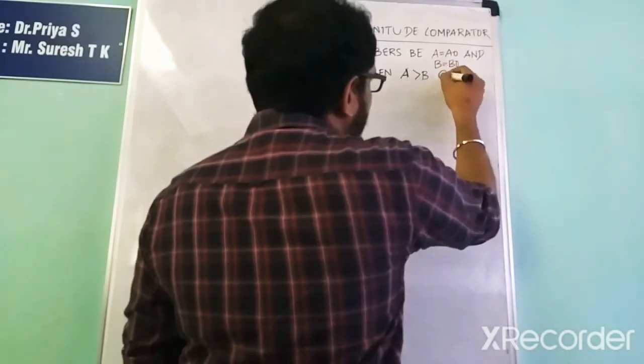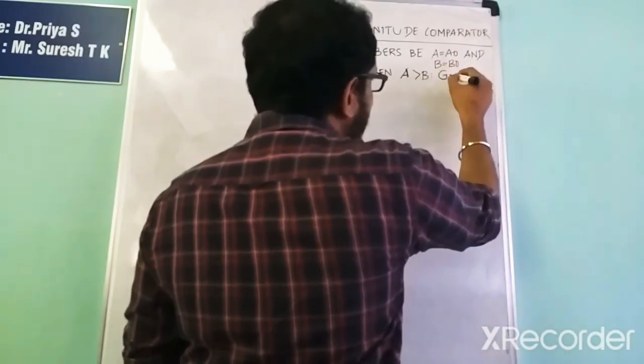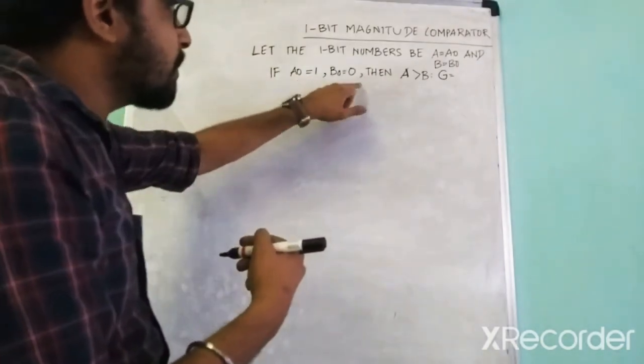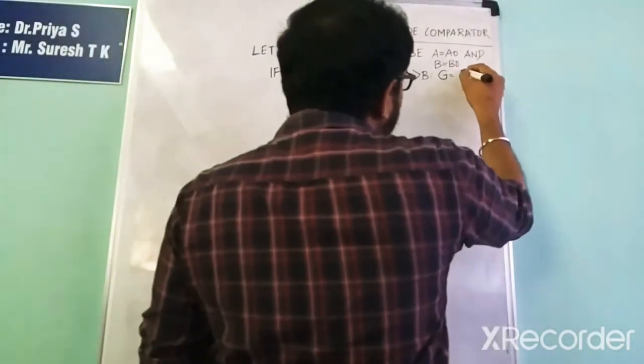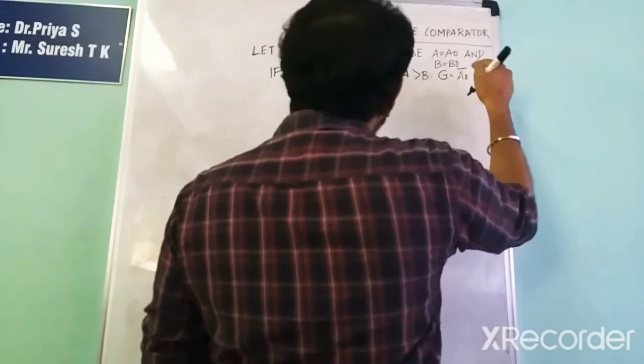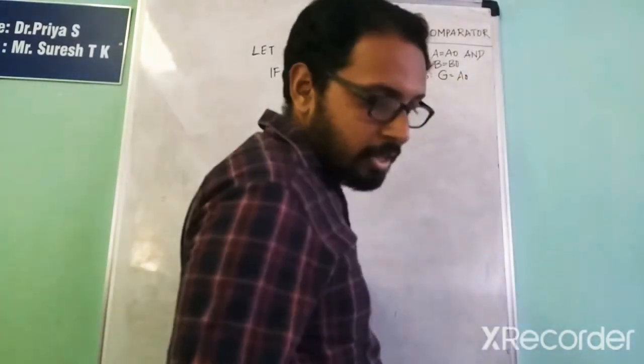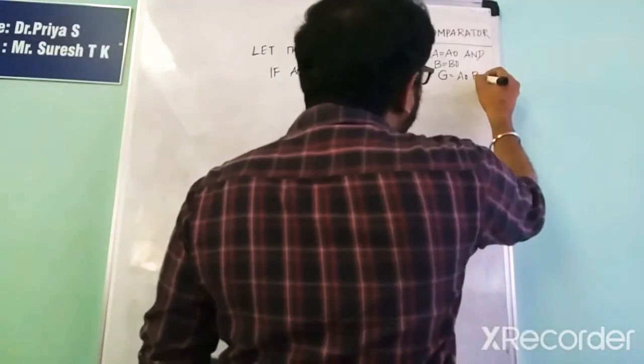So we write the expression for G as G equal to A0 into B0 bar.